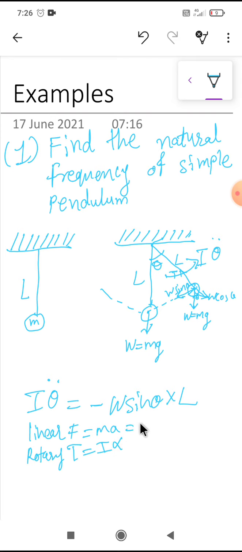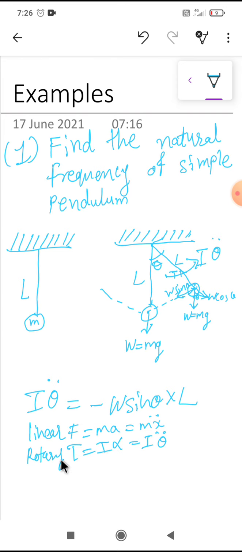As we know that m is x double dot, similarly I can write alpha is equal to theta double dot, because acceleration is the second derivative of distance, and similarly angular acceleration will be the second derivative of the angle.